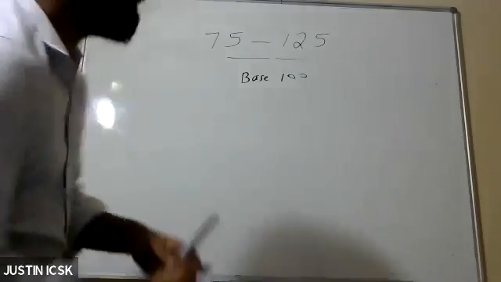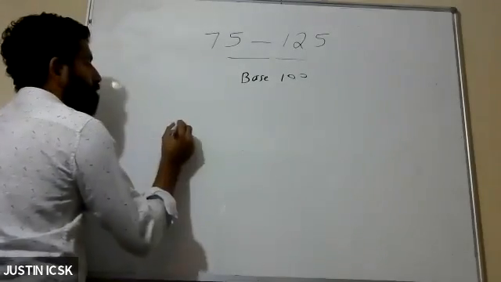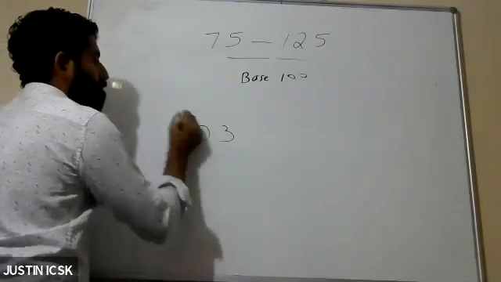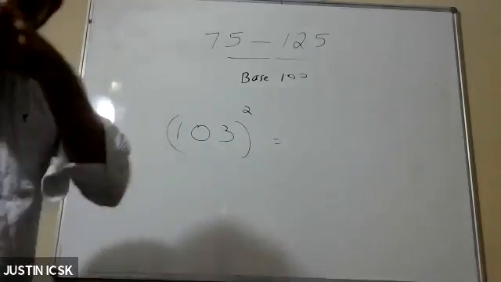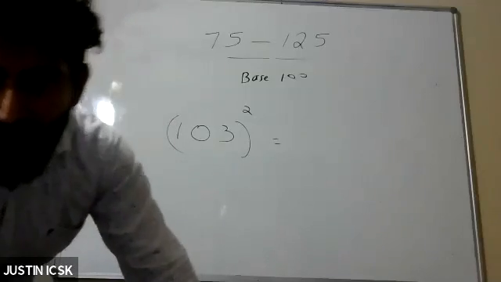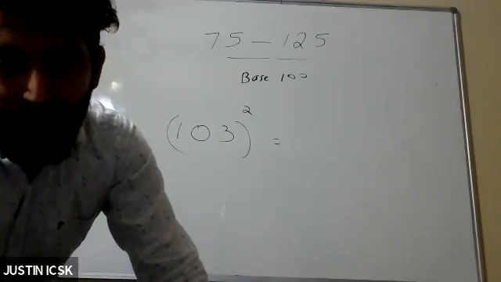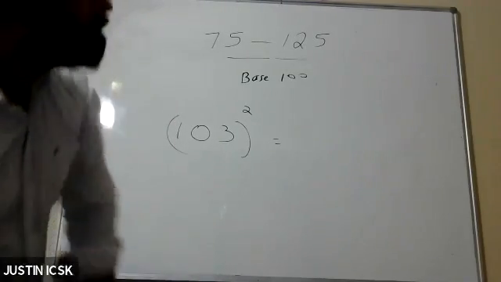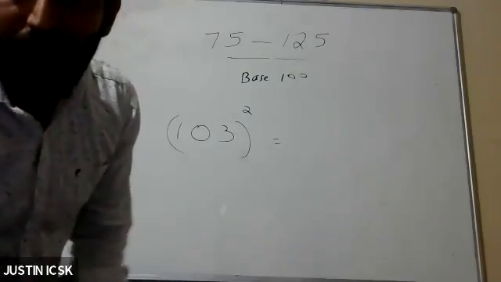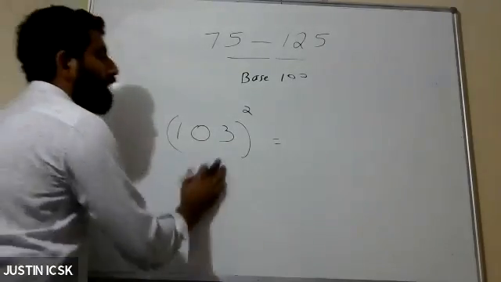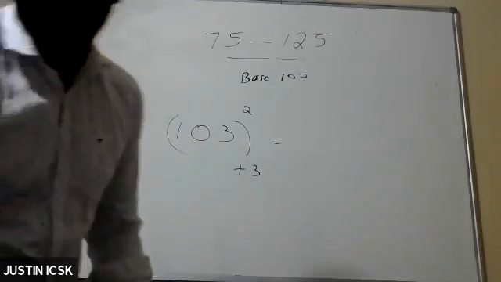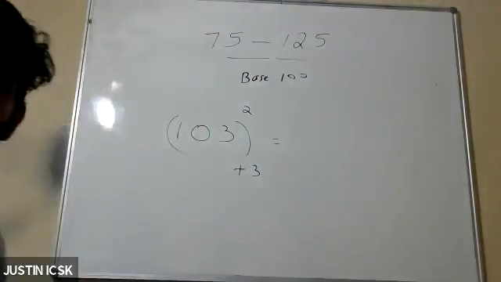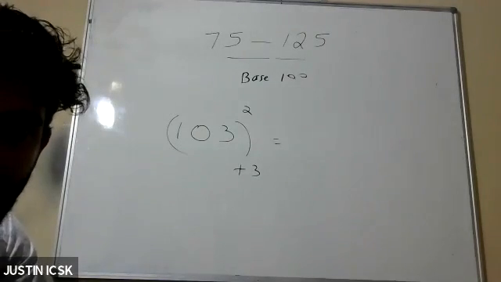Okay. So one question: 103 square. Previously it was from 50, so here obviously 103 means 100 plus 3.